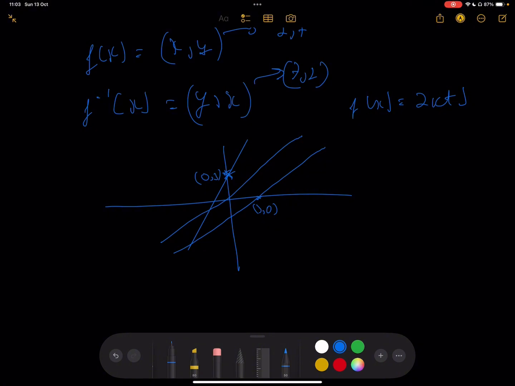Let's say we have an imaginary point here. The way you can test if you've drawn it correctly is, if you have a point like 2, 7, we need to make sure that we have the inverse of these coordinates somewhere on the inverse function.